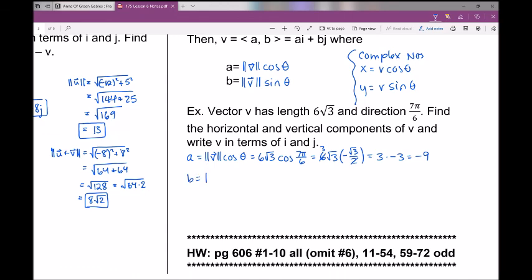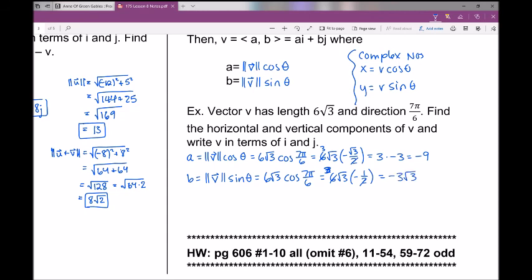So we have b is equal to the magnitude of v times the sine of theta, which is 6 square roots of 3 times the sine of 7 pi over 6, which we get is 6 square roots of 3 times negative 1/2, which again the 6 and the 2 cancel, so we get negative 3 root 3.